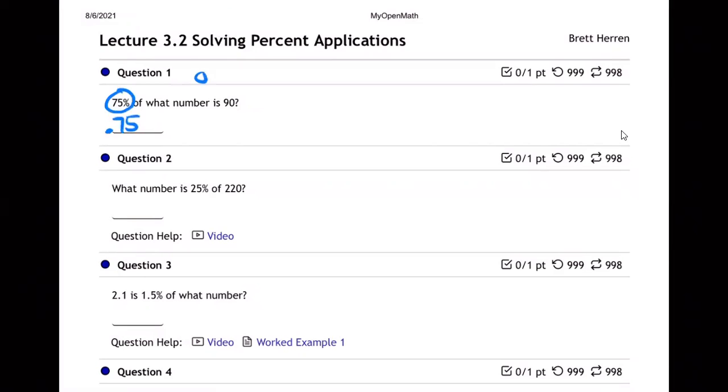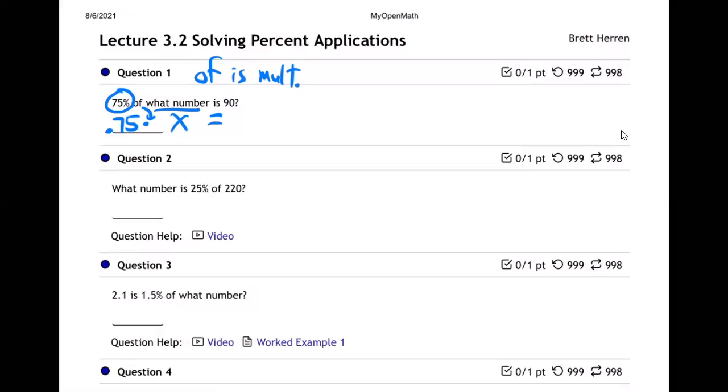In a word problem, of is multiply, isn't it? Remember that of is multiply. So 75% of, that means times, or I'll just go dot. What number? That's your x, right? Because we don't know what it is. Is, that's equals, isn't it? Is equals.